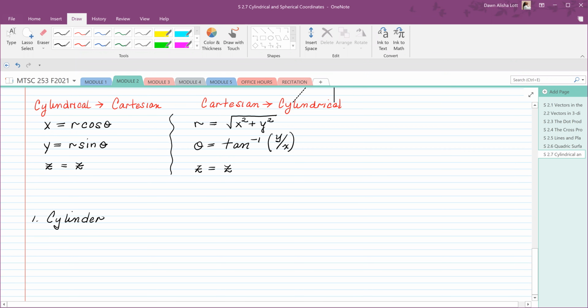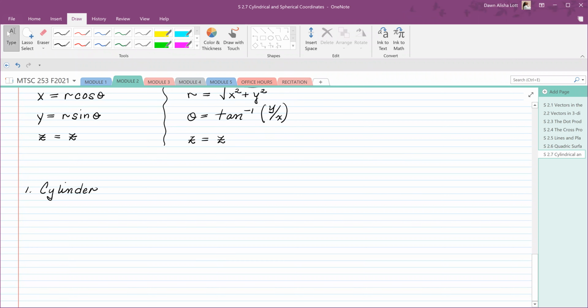In Cartesian coordinates, I have x squared plus y squared is equal to a squared. That's the radius of the cylinder. We just talked about that. All right, so this is a cylinder, but it's a circle of radius a at every height z.